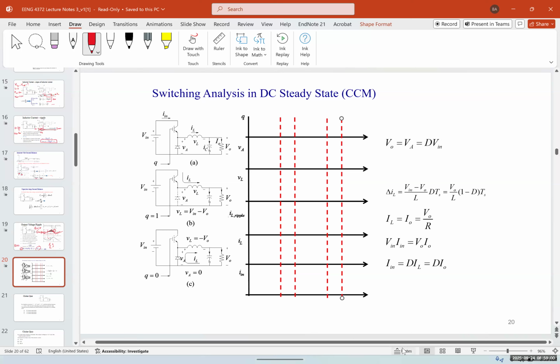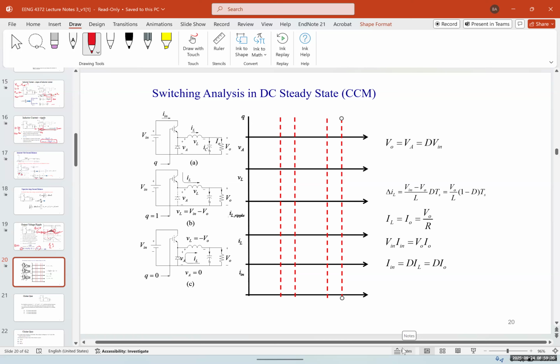So switching analysis in a DC steady state, we have V out is going to be D times Vin. We have delta IL, which is (Vin minus V out) over L times D Ts, or in other words, V out over L times (1 minus D) Ts. IL is equal to I out, which is V out over R. Vin times Iin is V out times I out.